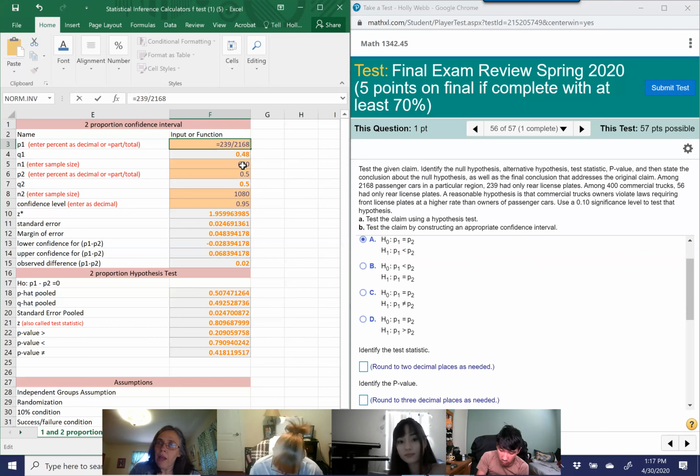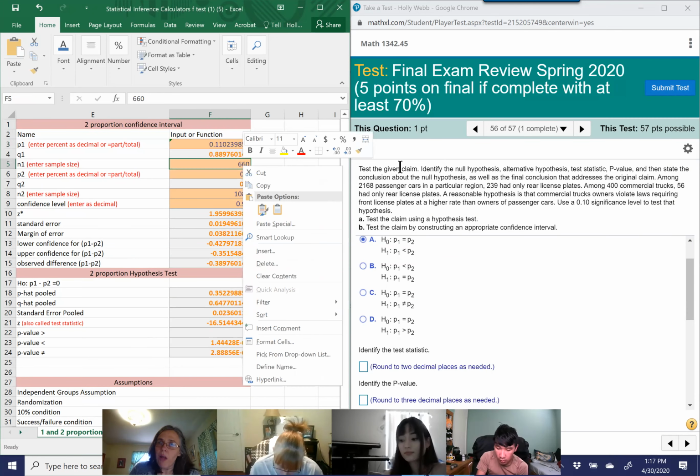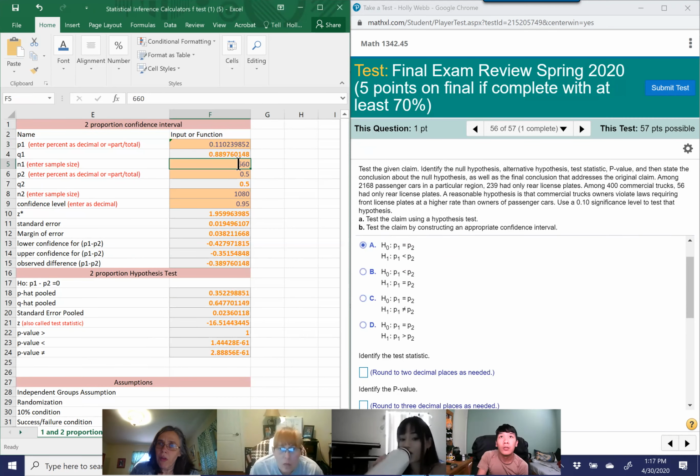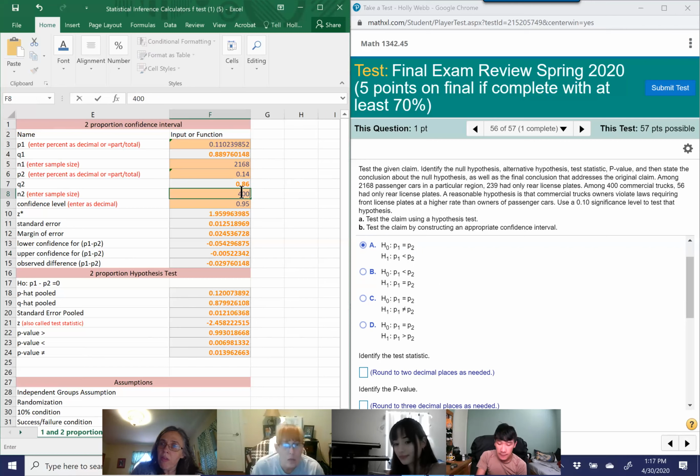And then the N1 is our total number of cars, 2,168 cars. And then our P2 is going to be the number of trucks with rear license plates only over the total number of trucks. So that's going to be 56 over 400. And our N2 is going to be 400 trucks.